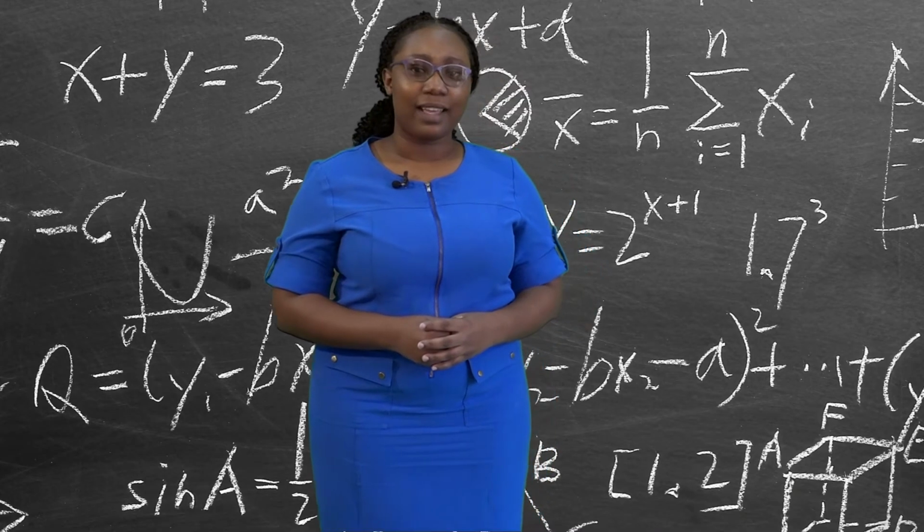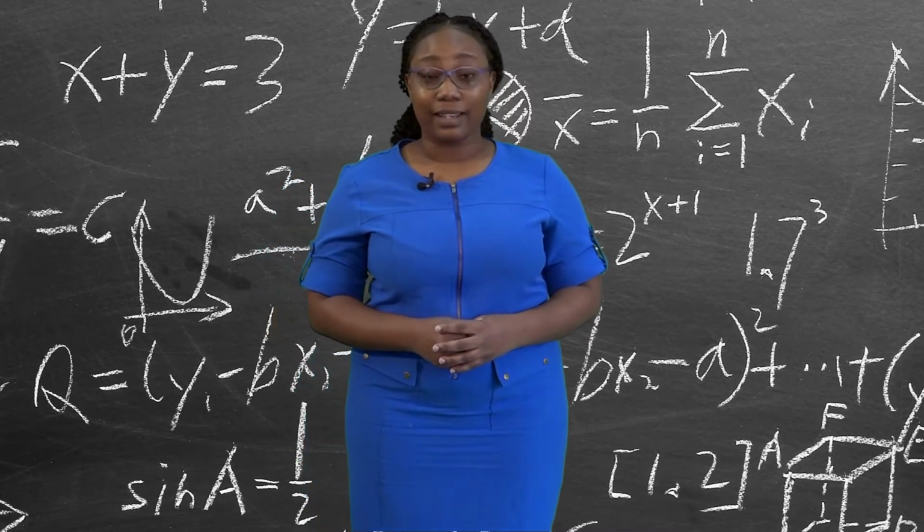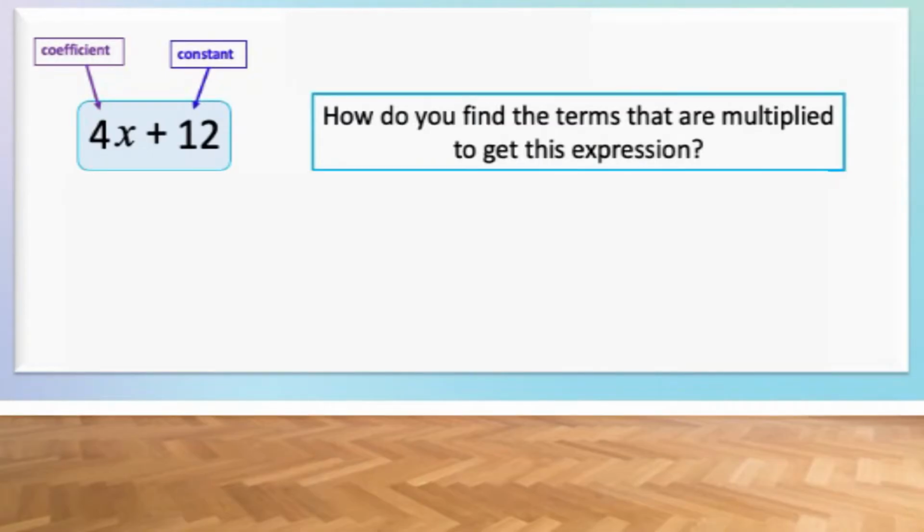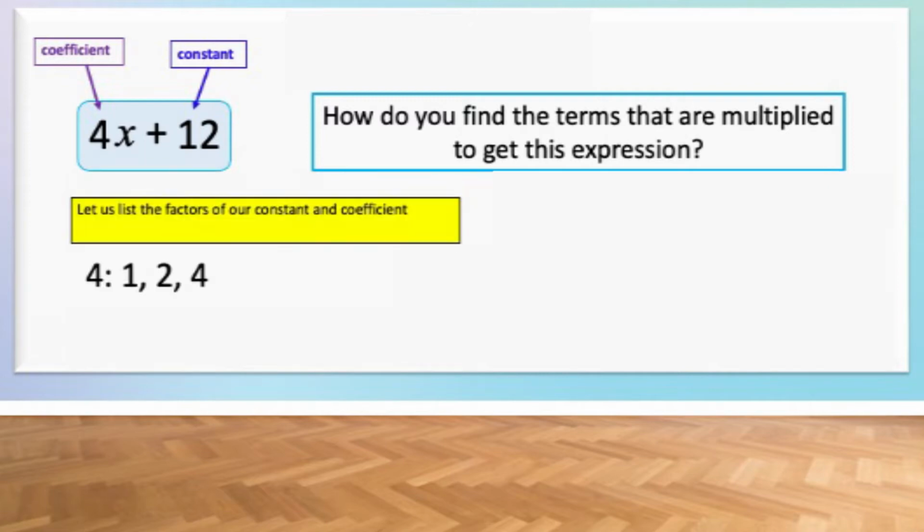Okay students, let us take a look at this expression. 4x plus 12. How do you find the terms that are multiplied to get this expression? Great job students. First, we need to find the highest common factor of our coefficient and our constant.